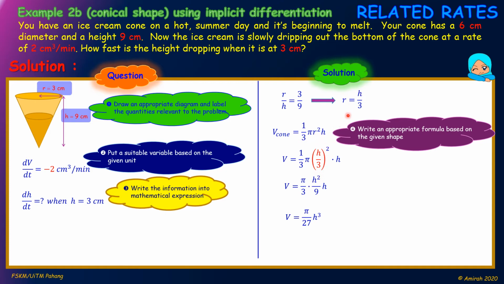But after we substitute, we have volume in terms of h only. So from this formula, it's easy to differentiate. But from volume of cone in terms of r and h, we have two multiplication of variables, so we need to differentiate using product rule. When we write in terms of variable h only, we no need to use product rule to differentiate.